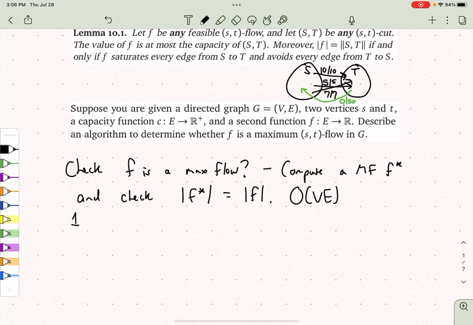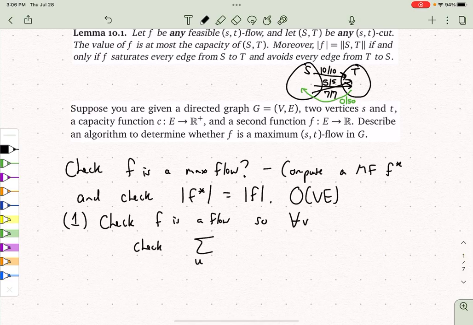One thing we have to check is that F is a flow. So we have to check conservation. We need the sum of the flow on all edges going into v to be equal to the sum of the flow on all edges leaving v.